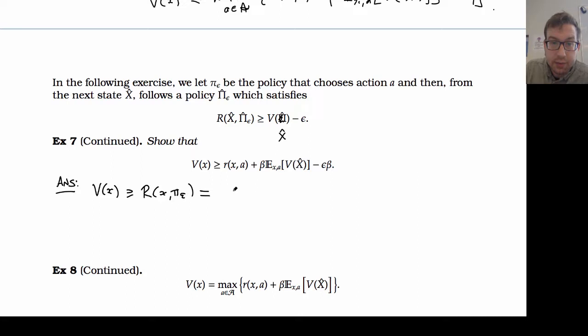Let's write out the reward that I get from this. I get a reward x of a at time 0. I'm in state x and I take action a. Then, from there on out, I'm going to get the reward from this function here.